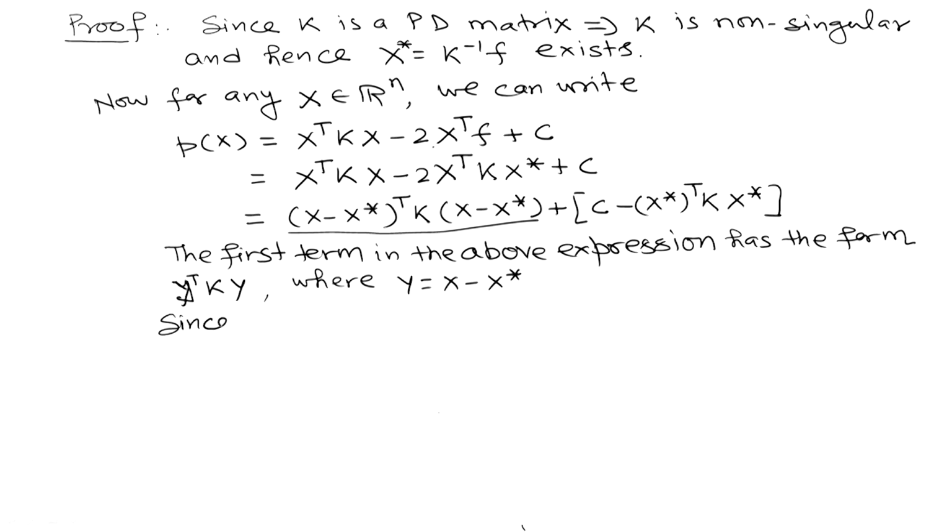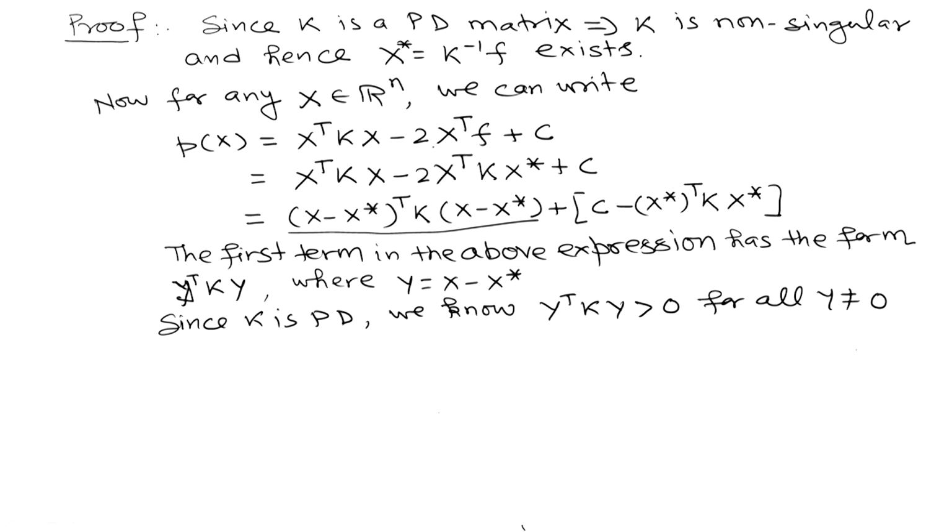Since K is positive definite, we know y transpose K y will be strictly greater than 0 for all y that are not equal to 0.